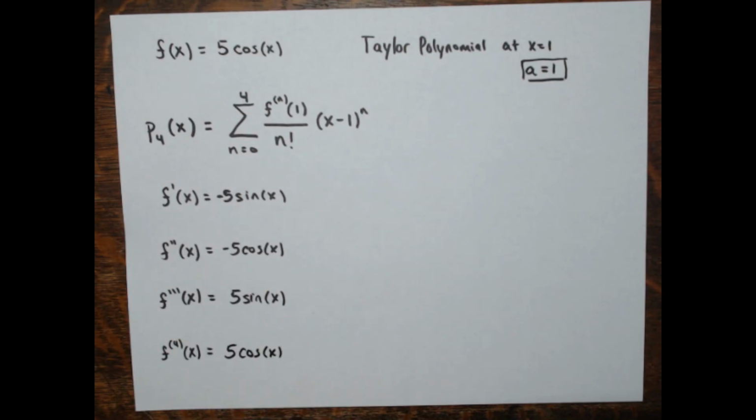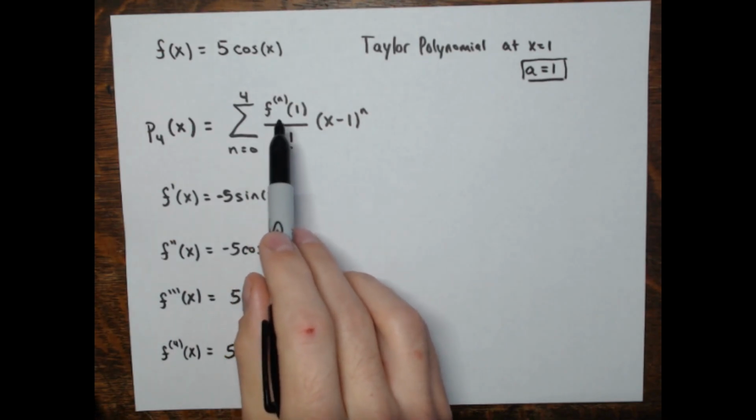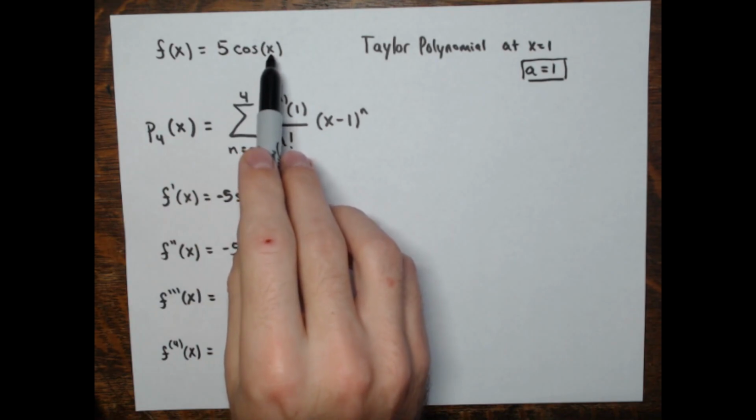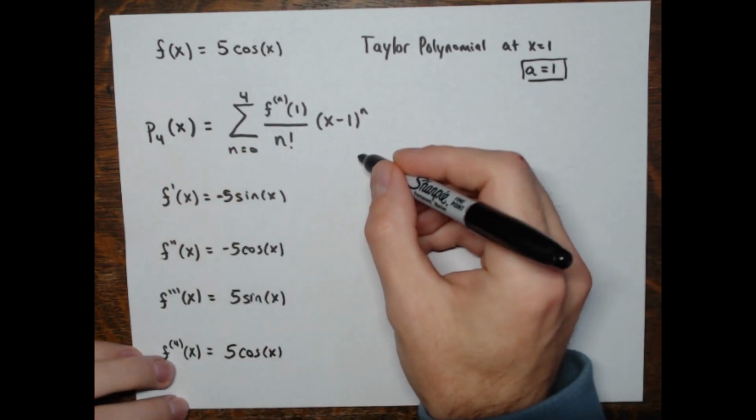So if I evaluate all these at 1, we'd have 5 cosine of 1. I'll write this out.